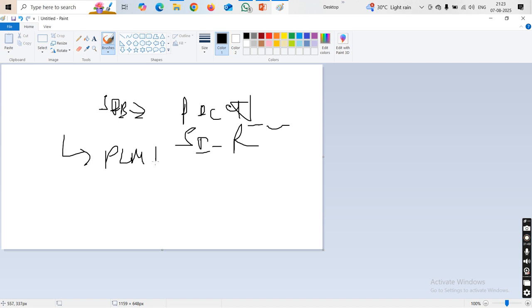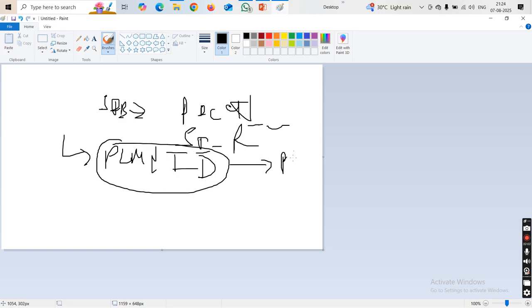These are very, very important pieces of information. As I told you initially, to get the PLMN ID you must decode the SIB1. But now you will match this PLMN ID with the earlier PLMN which it had identified before the SSB decoding. If it is matching, okay. If it is not matching, it will simply reject the PLMN.